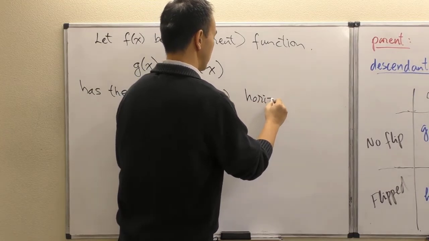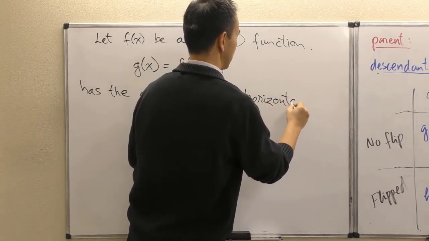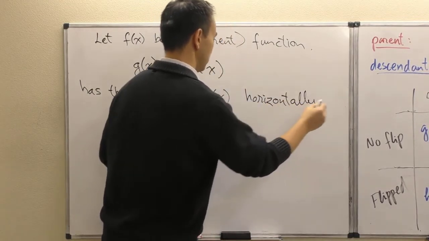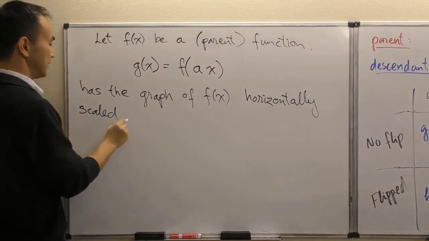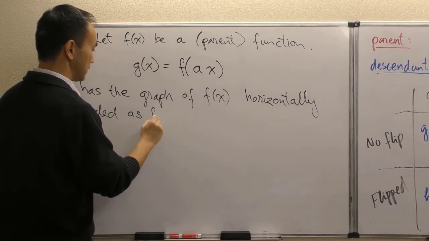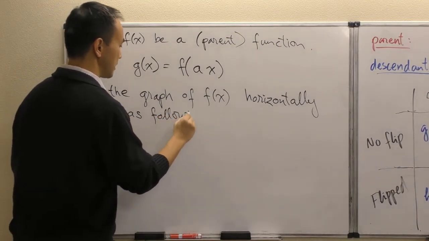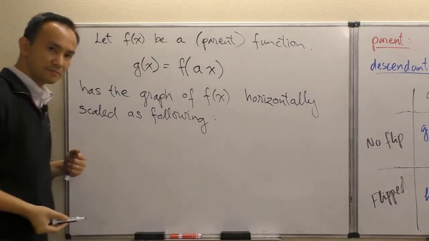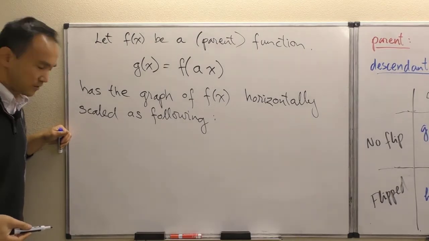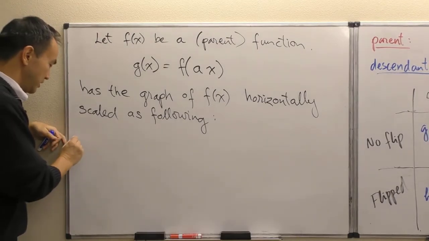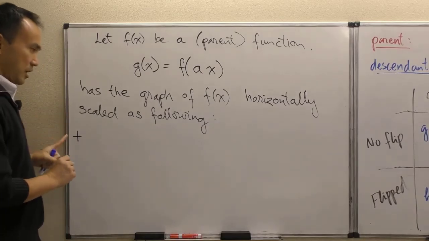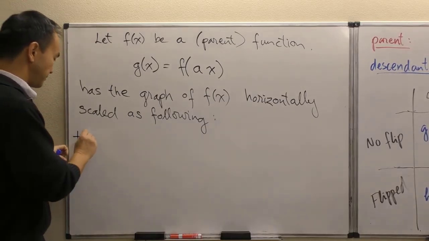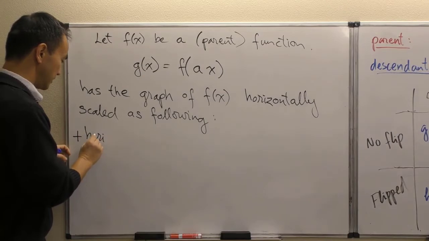So this g has the graph of f of x, but horizontally scaled as following. There are different ways of scaling. Horizontally scaled as following. So now I'm going to write it down right here.